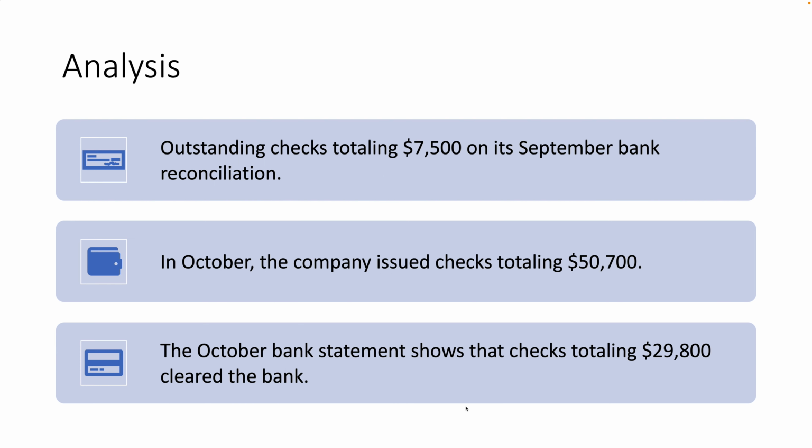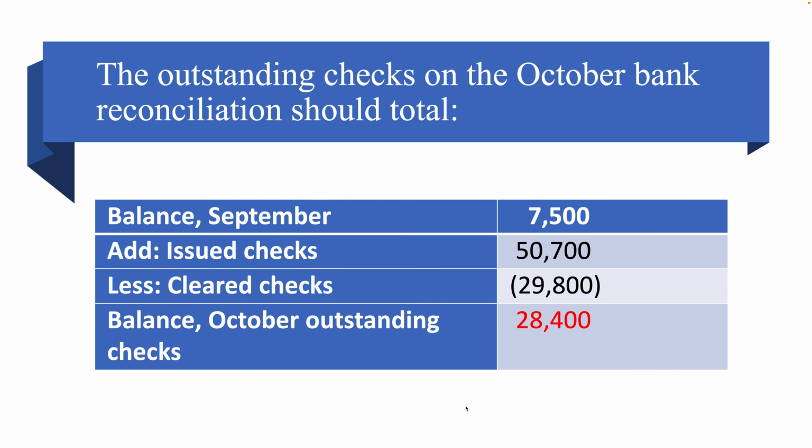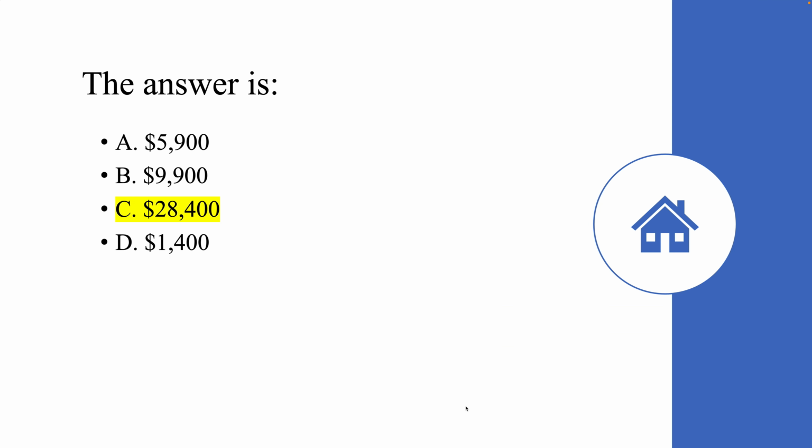So the October outstanding check balance is $28,400. So the answer is C, $28,400.